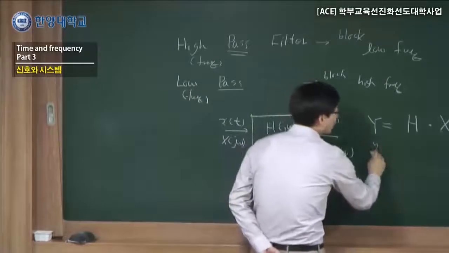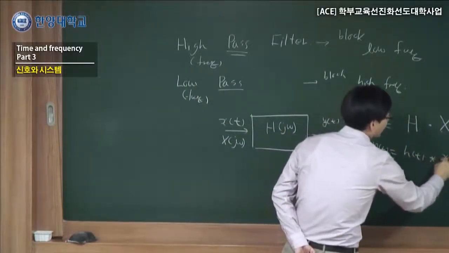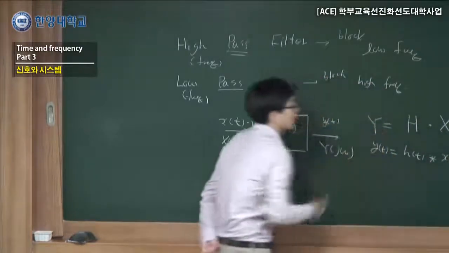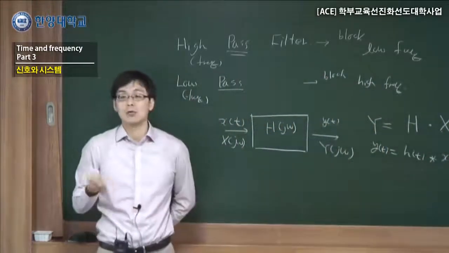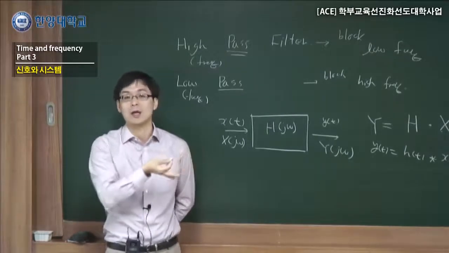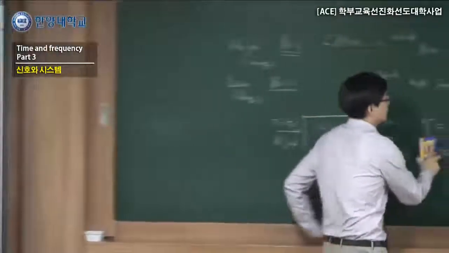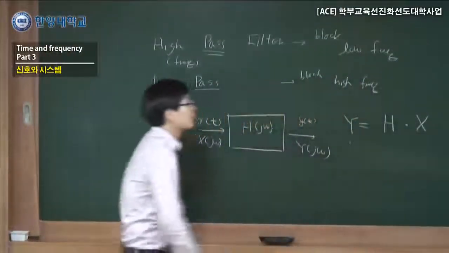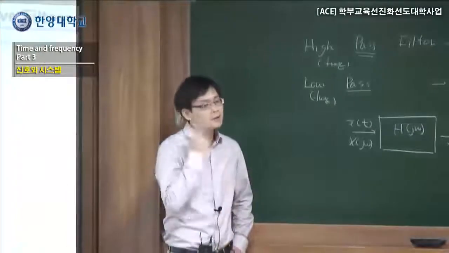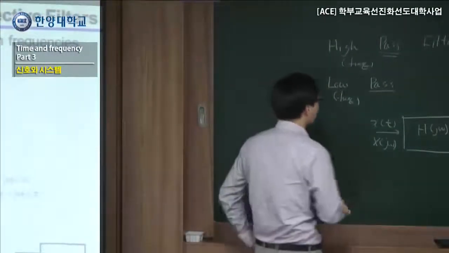Of course, in time, we do the convolution. We learn about the Fourier transform. Now you can change the Fourier transform and just multiply them together to find the output. So by this meaning, let's think about them in frequency domain.